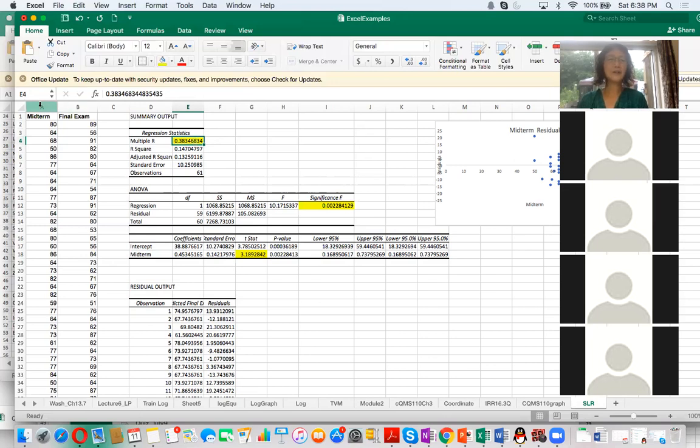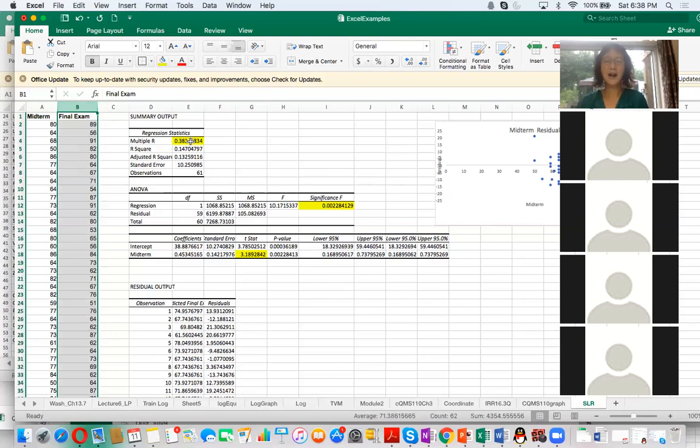By the way, we also call midterm X and final exam Y. Another name for X is independent variable. Independent variable, midterm. Final exam is a dependent variable, okay?